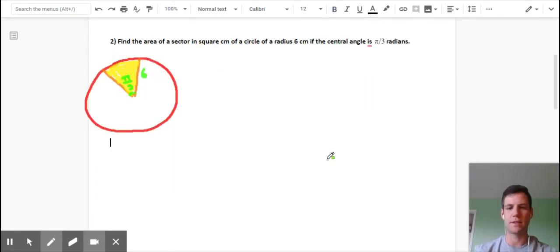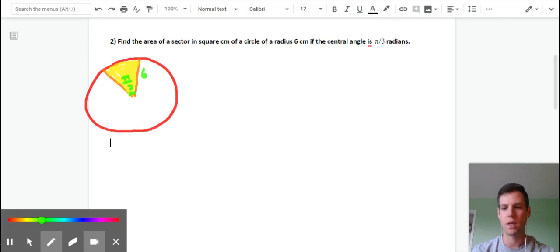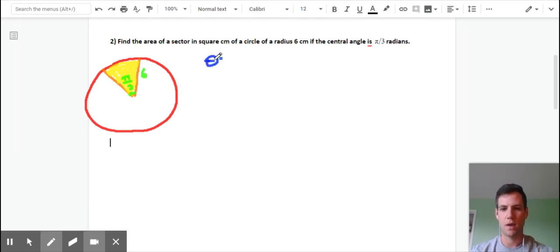In this sector area example, we have a radius of 6, and this central angle is about pi over 3 radians. So we want to input this into the radians version of our sector area formula, which was pi, our theta over 2, our half of our angle, and then multiply that by r squared.